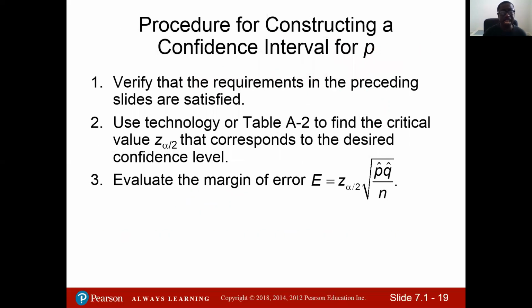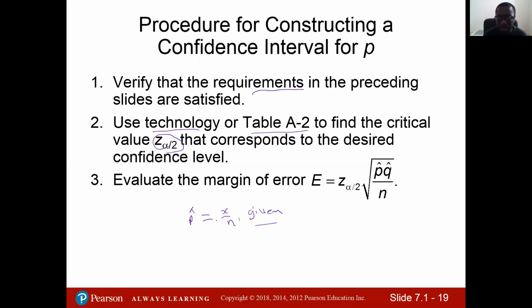So the procedure is that first we have to verify all the 3 requirements. And then we can use StatCrunch, the technology, or the standard normal table to find the critical values. Now, once we know the critical values, we can find P hat. P hat is your X over N, or sometimes it is given. If it is given, then of course we don't need to use this formula.